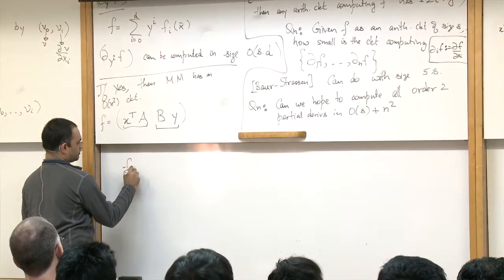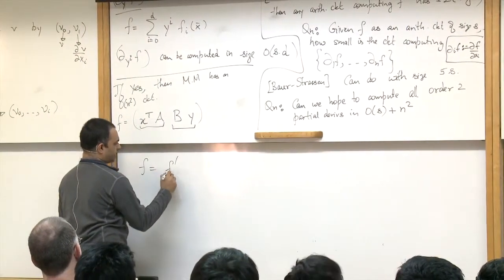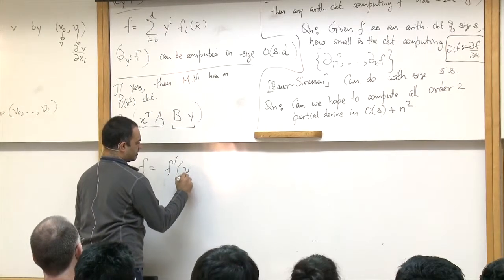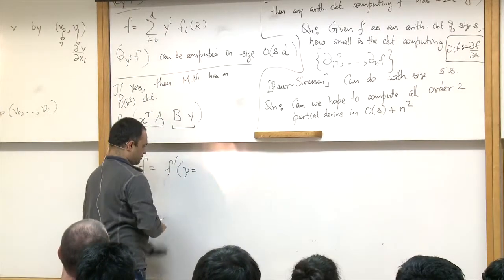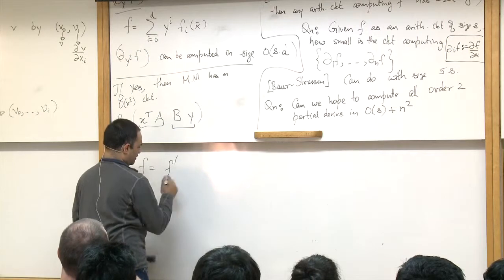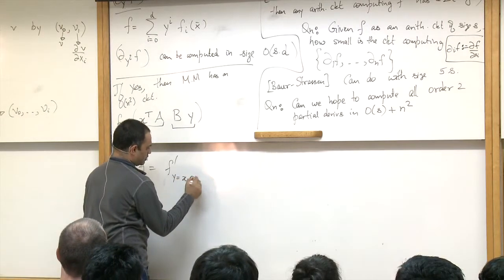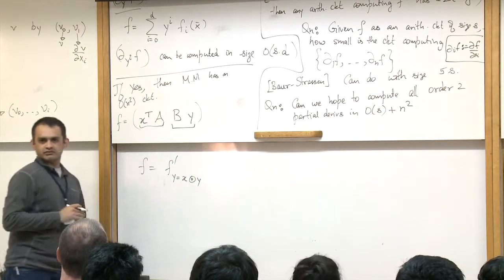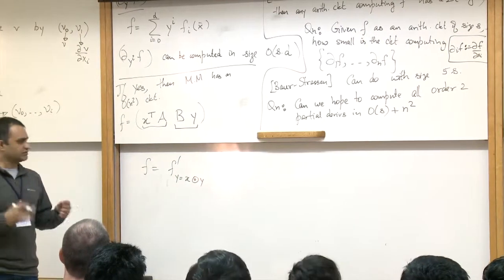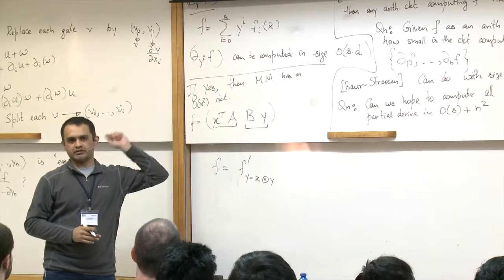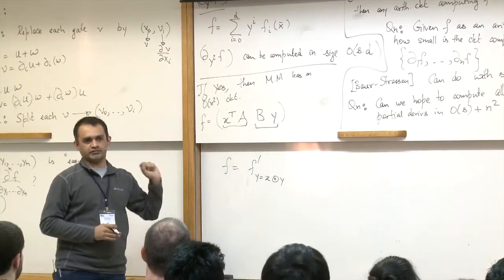I know that f equals f prime, where I replace the variable y by whatever that operation was. This is the relation between the polynomial f prime and the polynomial f.